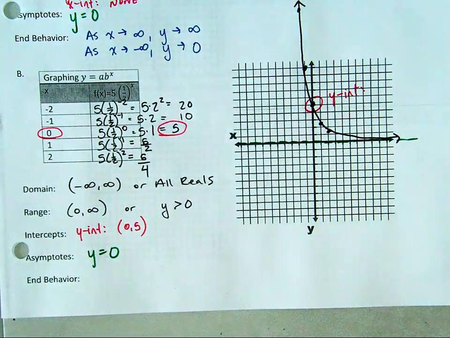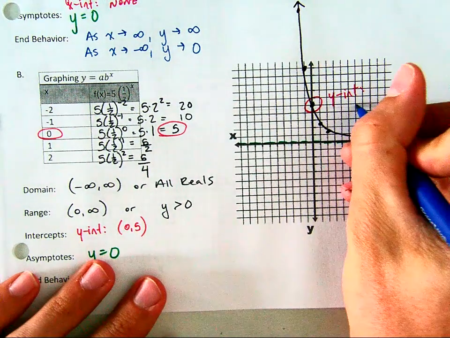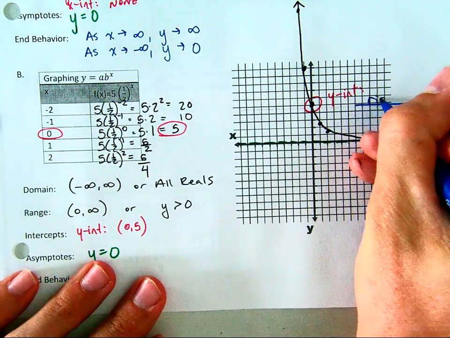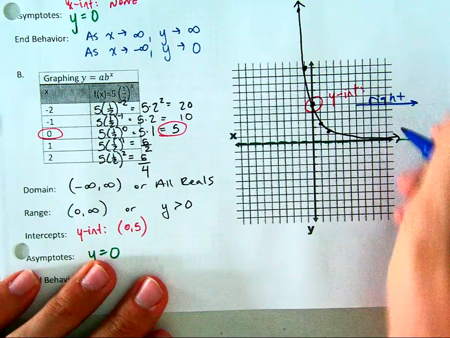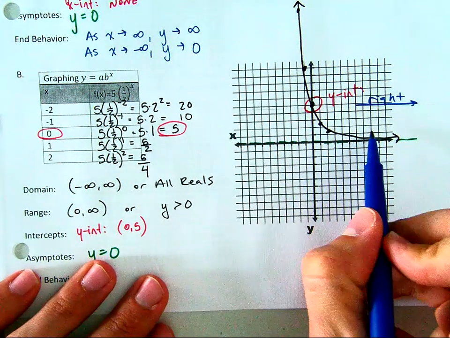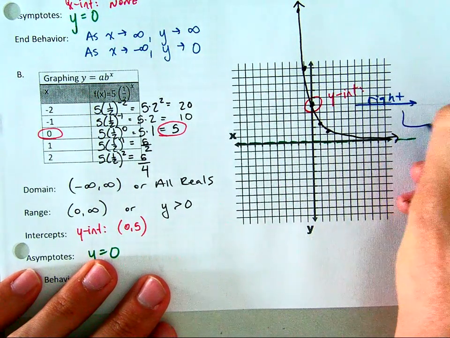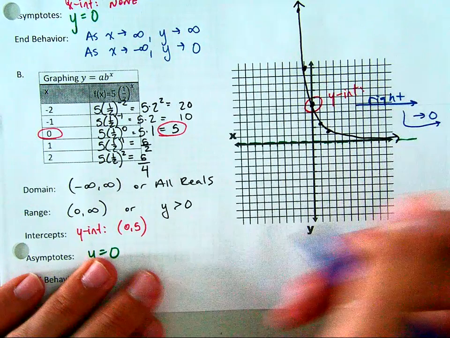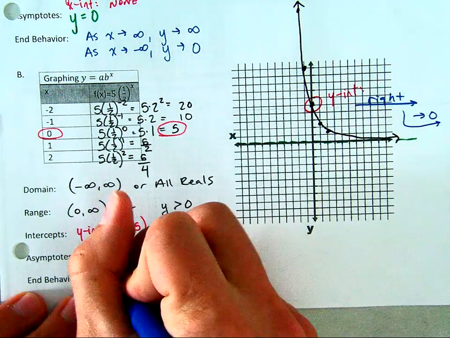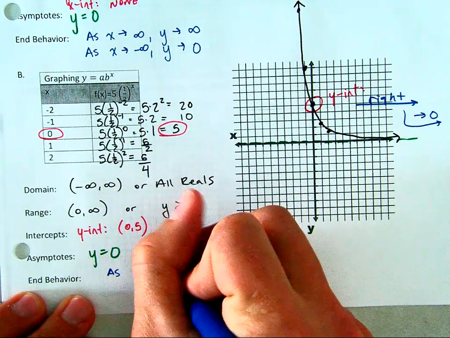And in behavior, as we go to the right, where's my graph going? As I go to the right, the graph is approaching 0. So we say as x goes to positive infinity, y goes to 0.